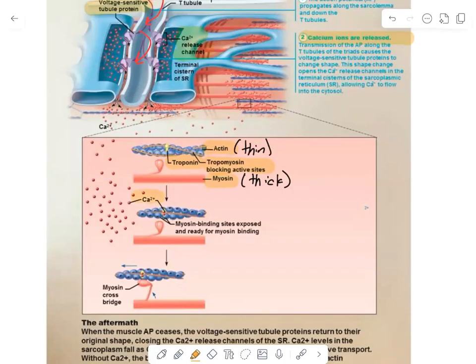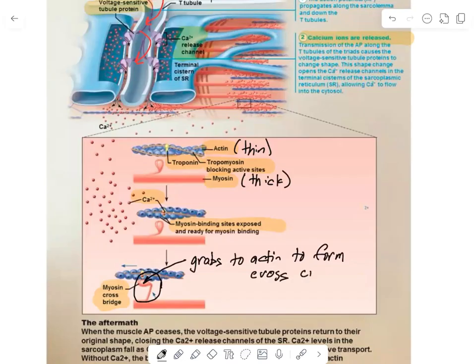So the calcium binds to the troponin, the myosin binding sites are exposed. Now myosin can grab it. So again, if we think of this like a hockey stick, this would be the part of the hockey stick that comes in contact with the hockey puck, and specifically it grabs or attaches to the actin to form a cross bridge. And that cross bridge cycle we'll be talking about coming up.